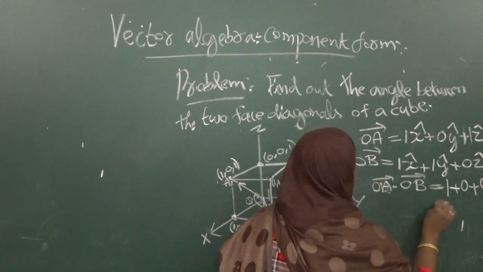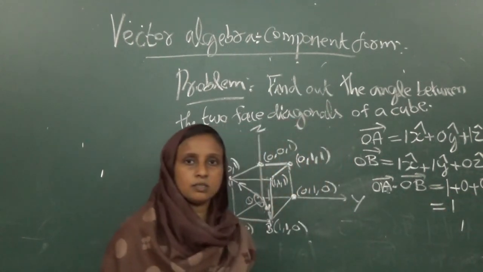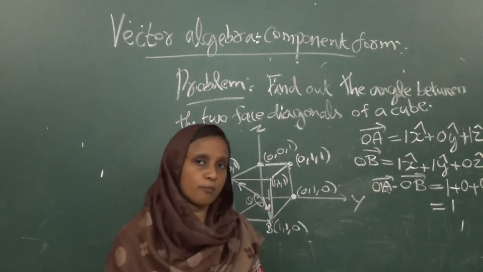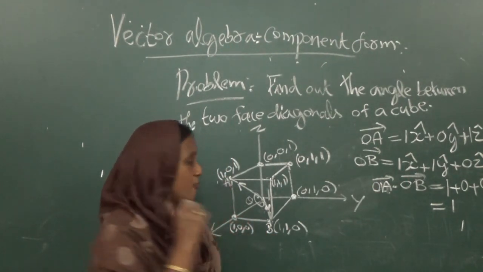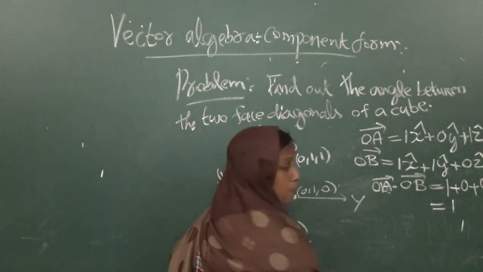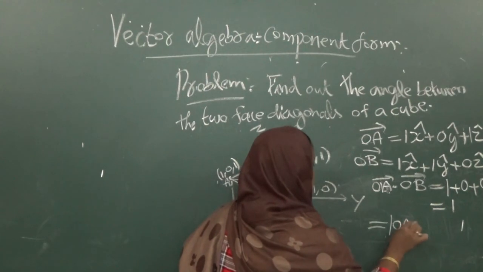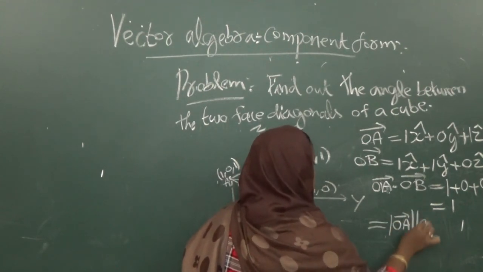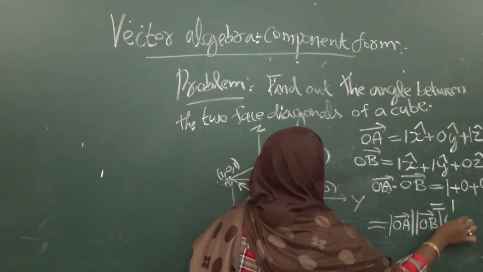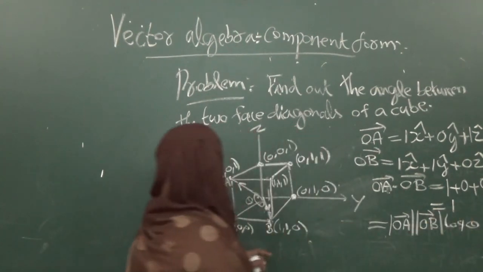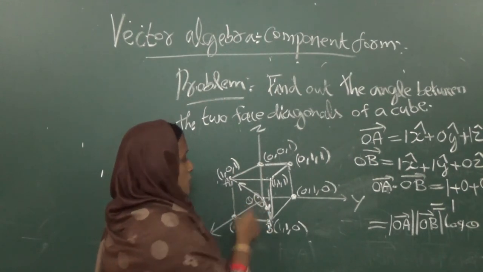So you get OA dot OB equal to 1. This is using its component form. But now we can use its abstract form. The abstract form is mod OA into mod OB into cos theta.